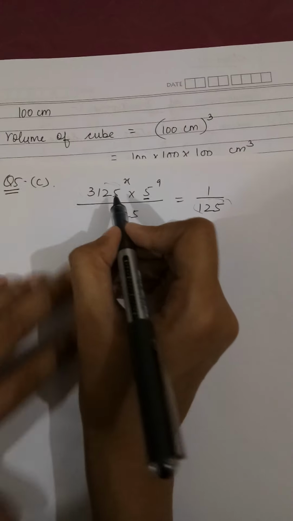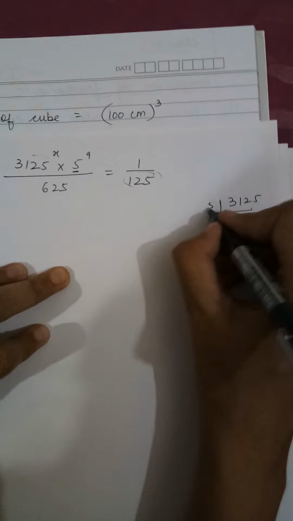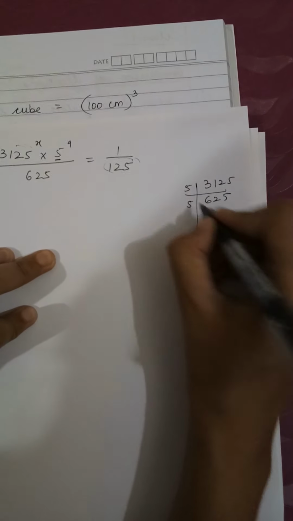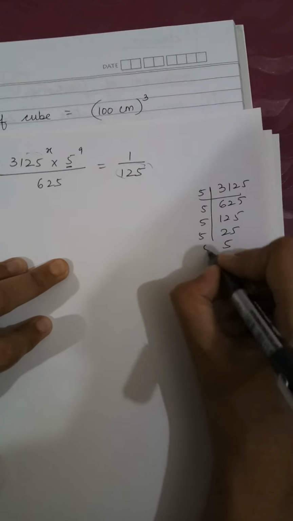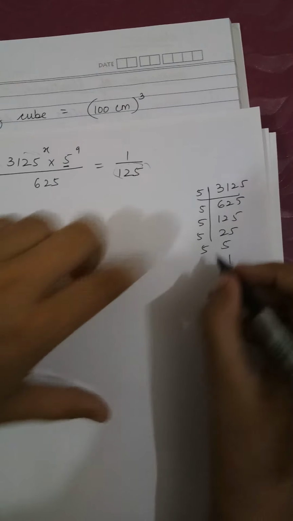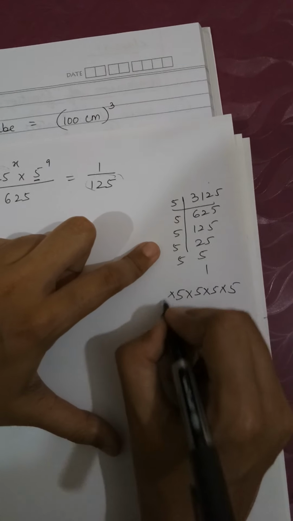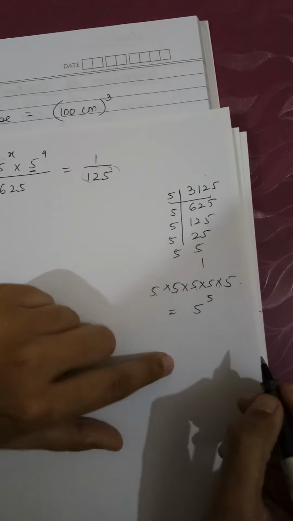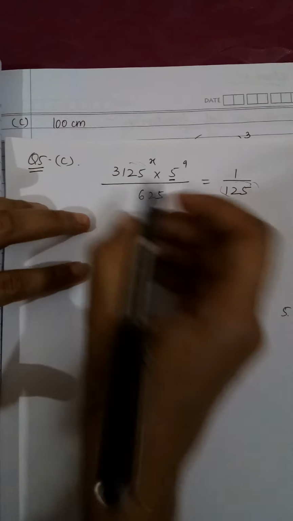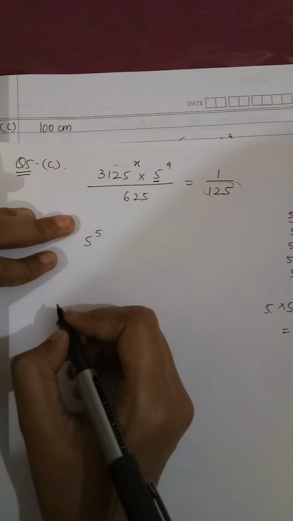If this is 3125, I am going to factorize 3125 with 5: 625, 125, 25, 5, 1. So 3125 will become 5 multiplied 5 times, 1, 2, 3, 4, 5. So this will become 5 to the power 5.